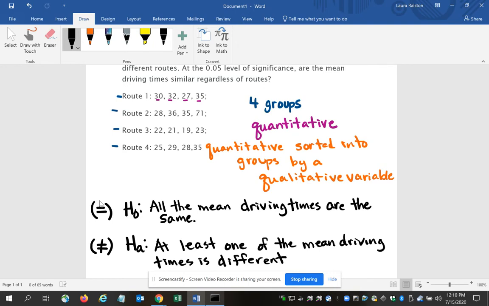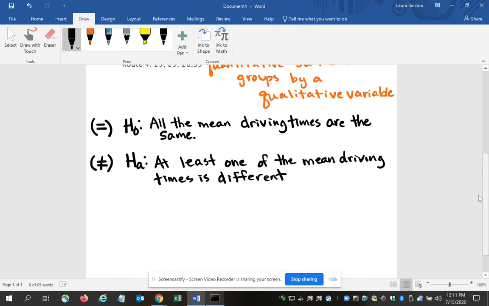And it only takes one being different for them not to all be the same. And guys, pretty much across the board for ANOVA, that's how you're going to state the null hypothesis and the alternative hypothesis. All of the mean, whatever the variable is, are the same. And then the alternative will be at least one of the mean whatevers is different.